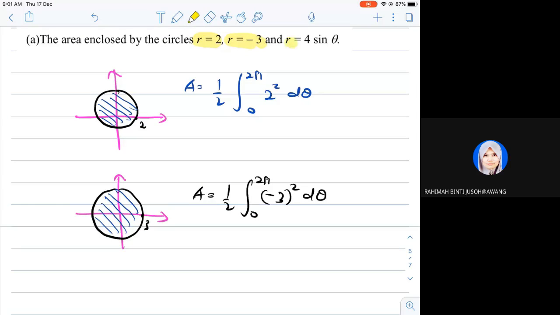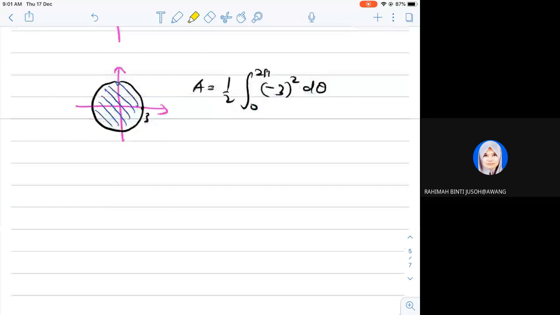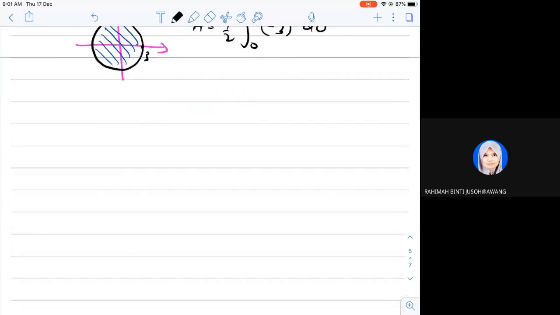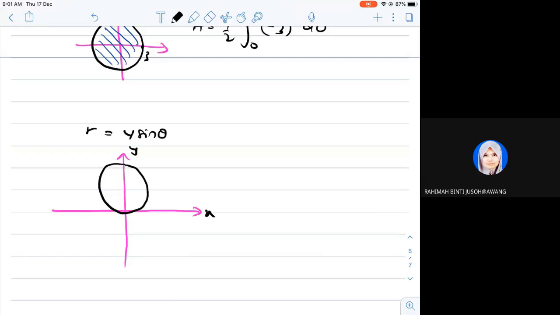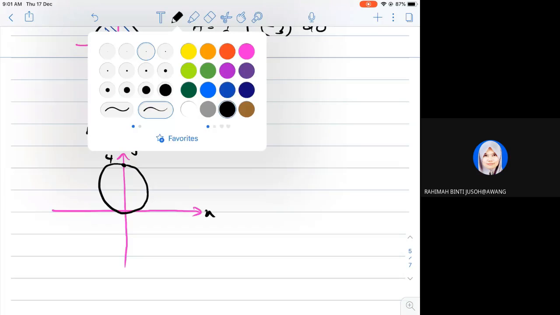Okay, so let's take a look at r equals 4 sine theta. Graph of sine should be symmetric to which axis? Y-axis. Yes, y-axis. Good. So we have x, we have y. Let's say this is the graph, and this is equivalent to 4.